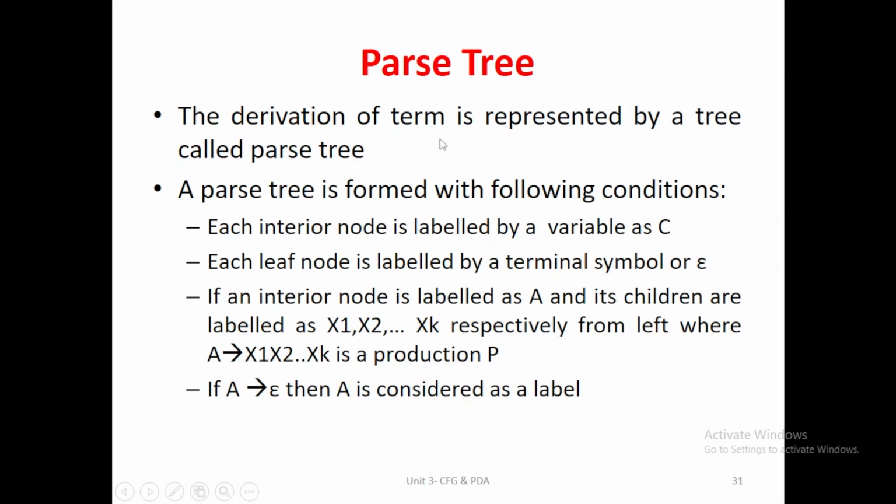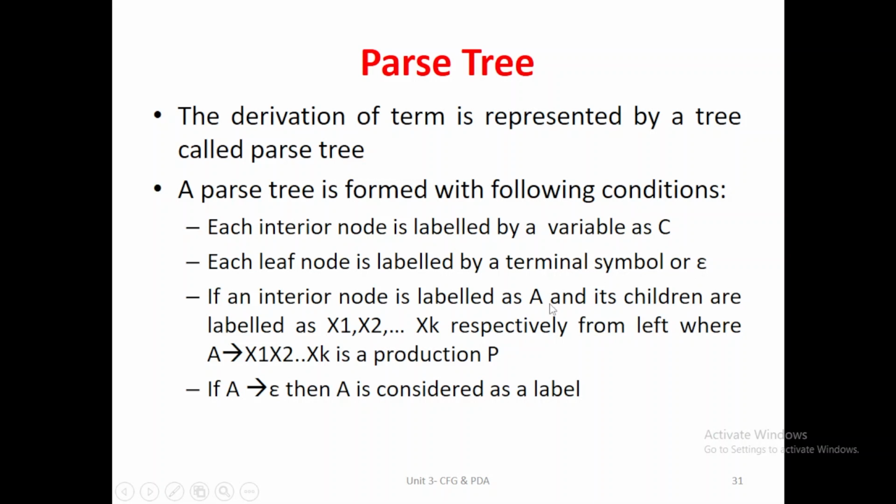A derivation of a term is represented in a diagrammatic manner. That diagrammatic representation is called a parse tree. These are the conditions for construction of a parse tree. A tree contains a set of nodes in a hierarchical manner. Each interior node should be labeled with a variable. A leaf node should be labeled only by a terminal symbol or it may be epsilon.